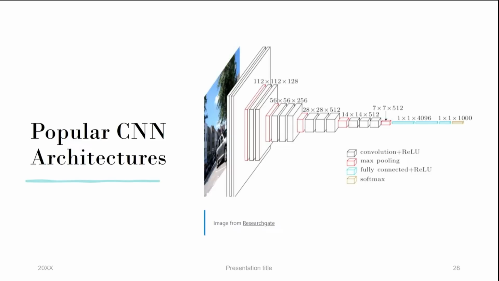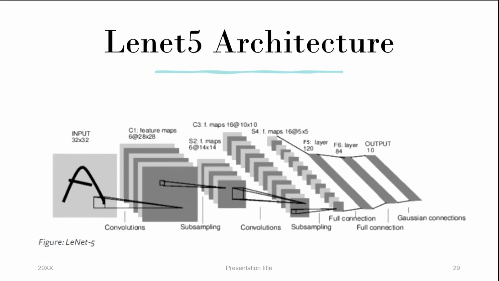It is a pyramid architecture because initially we have a high spatial dimension and a low number of feature maps. Then we reduce the spatial dimension but increase the features, right? From the low level features we try to create higher level features and more of them. These are the most popular and successful architectures of CNN. This is the AlexNet architecture, which we will be implementing in our practical.